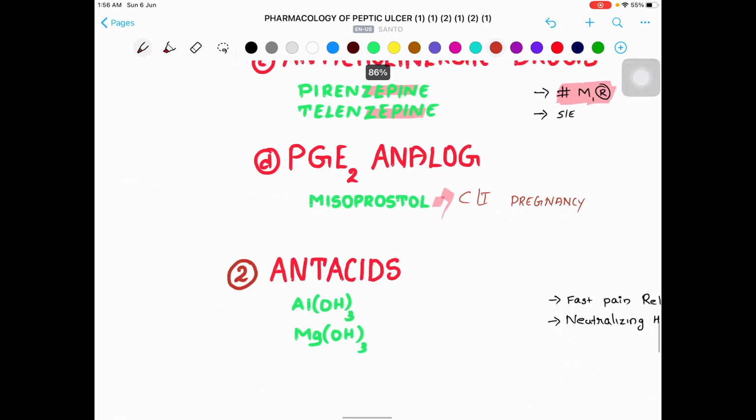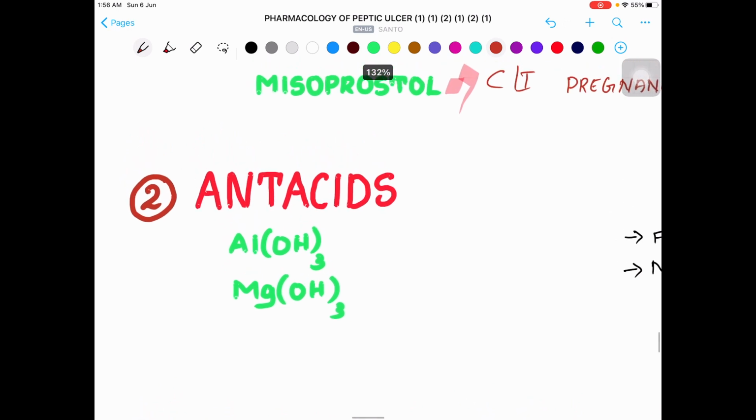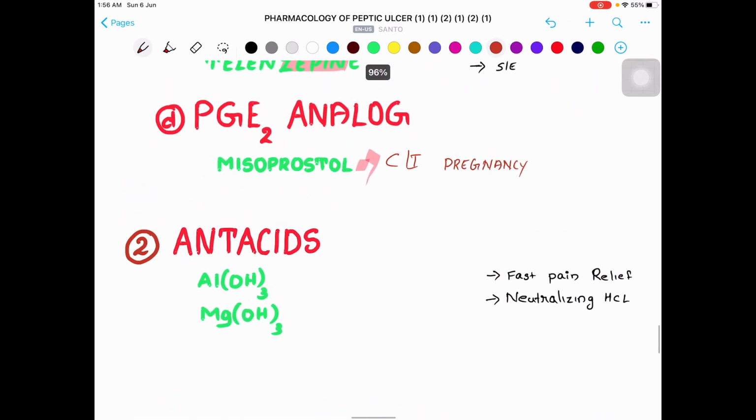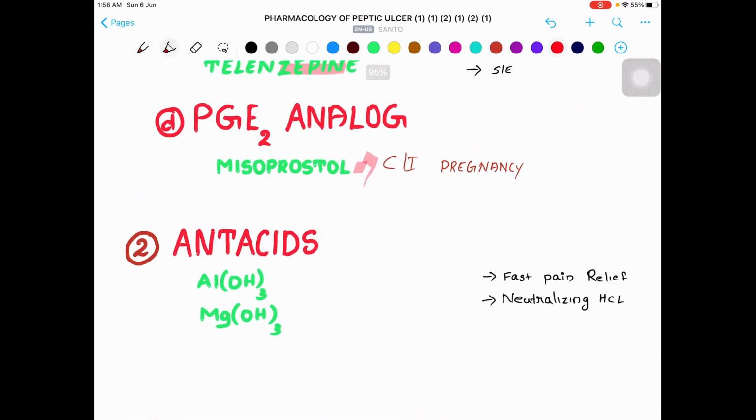So now we can discuss antacids. Antacids act by neutralizing the HCl present in the stomach, and they are mainly used to get fast pain relief.